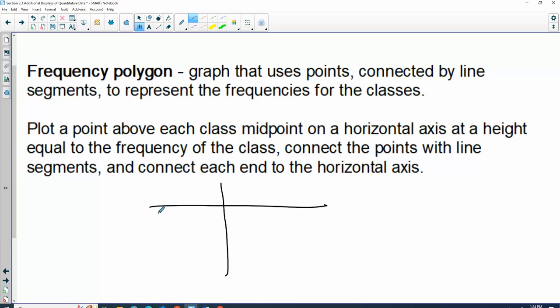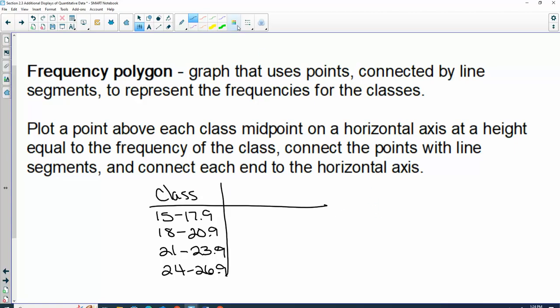We had classes of 15 to 17.9, 18 to 20.9, 21 to 23.9, and so forth. Alright, so let's pretend those were my classes.